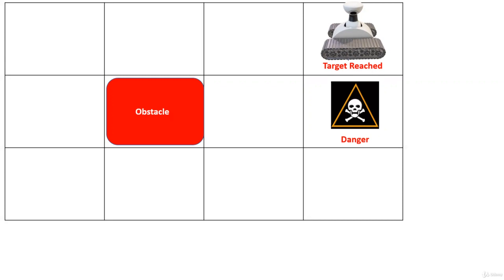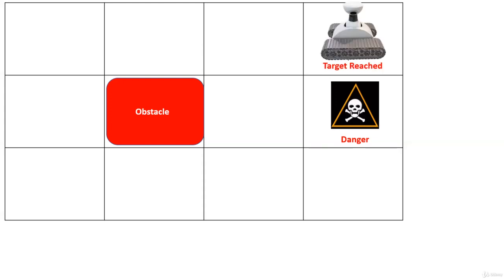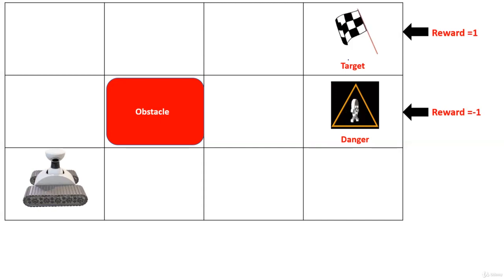If your dog does something good, you give a reward to your dog or pet, and if they do something bad, you tell them this is not the right way to do that. Similarly, we do a lot of learning with our children also. So in this reinforcement learning, we are going to take the help of rewards.